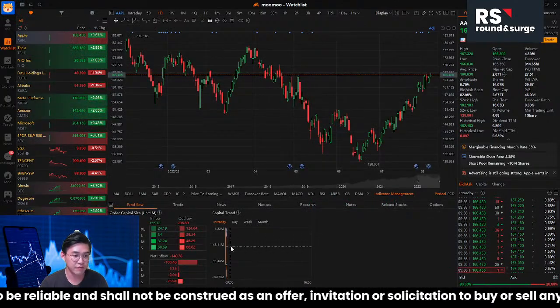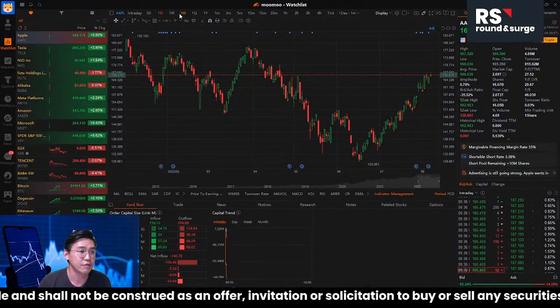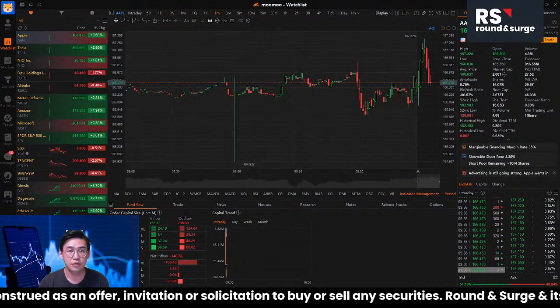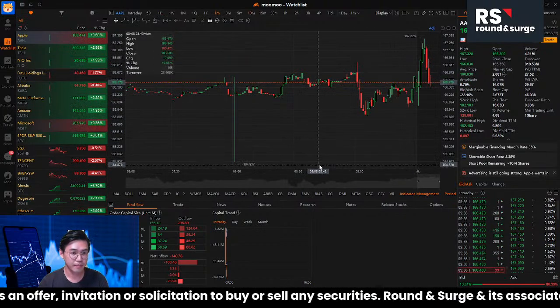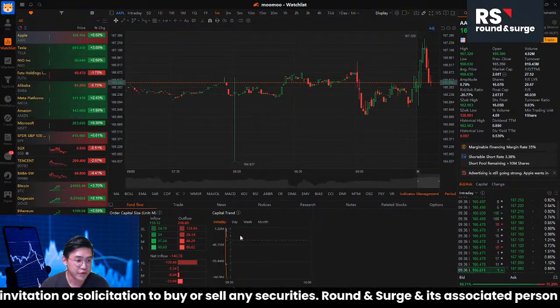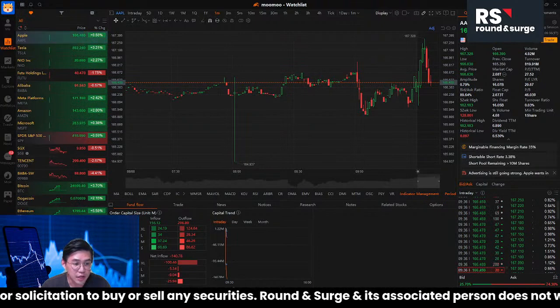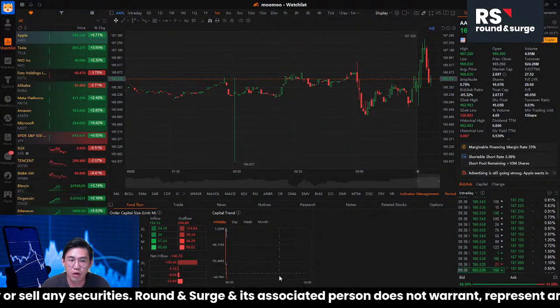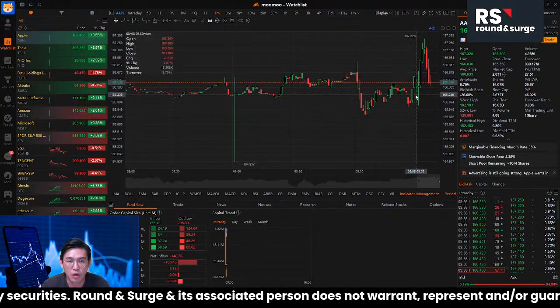So they have this fund flow that I find very interesting that we can look at. Look into 1 minute charts. This fund flow over here, quite interesting. They have big lots, XL lots, large lots, and also medium lots and small lots.